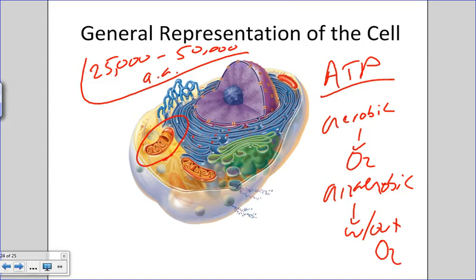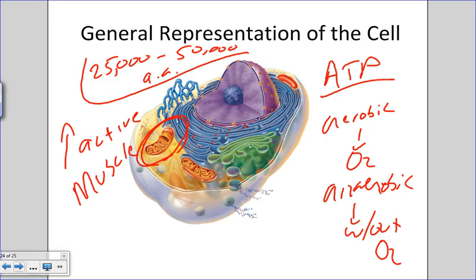And there are certain cells of the body that have more mitochondria. Typically this is easy to think about. The more active the cell, the more metabolically active the cell, the more mitochondria are typically going to be within that cell. So when you think about what the more active tissues of the body are, an easy one that pops into mind is muscle tissue. Muscle tissue is very metabolically active.